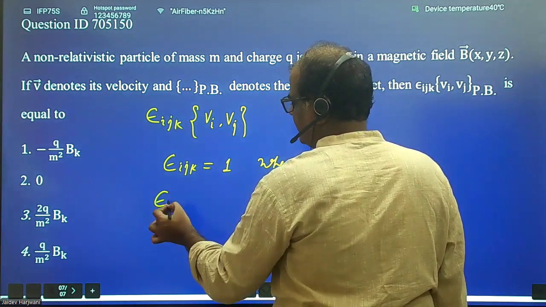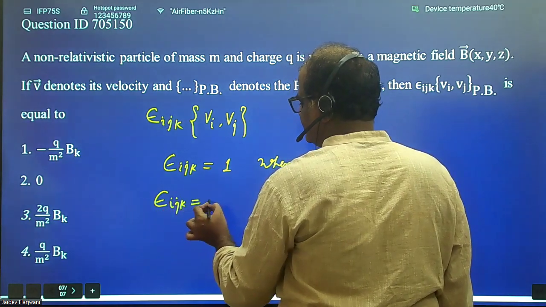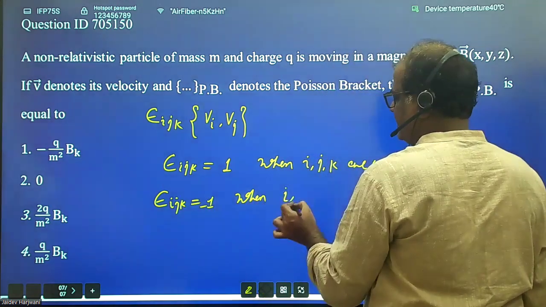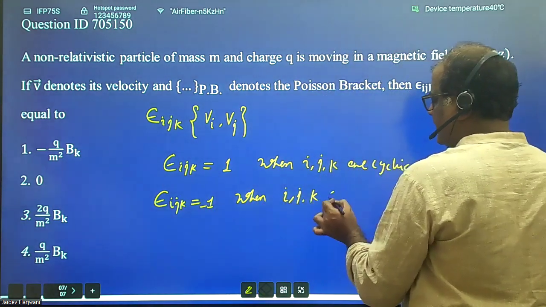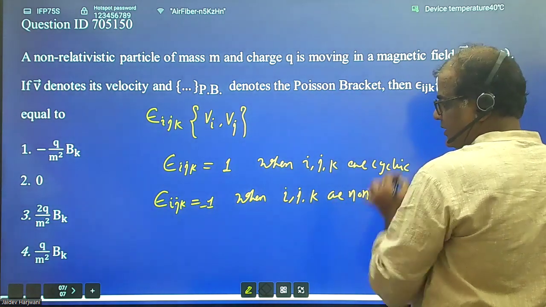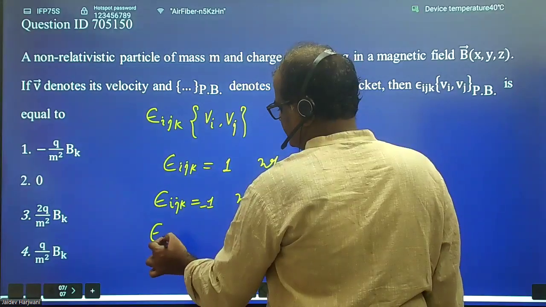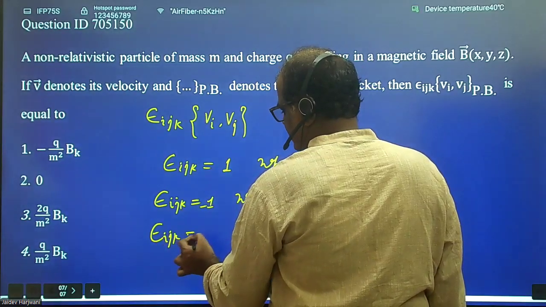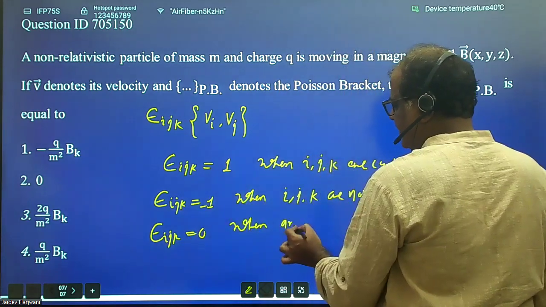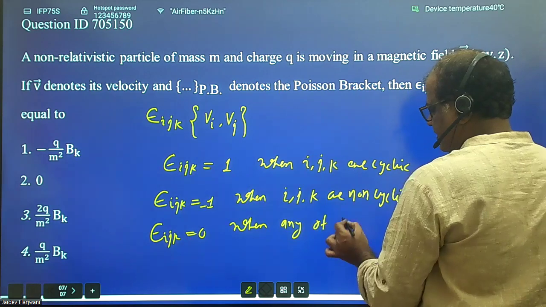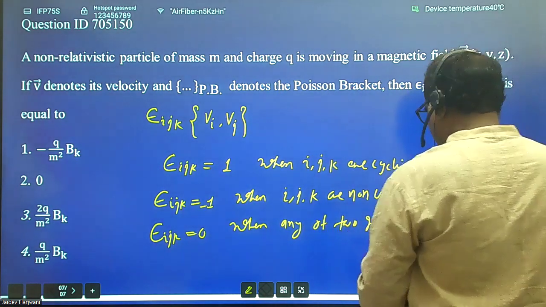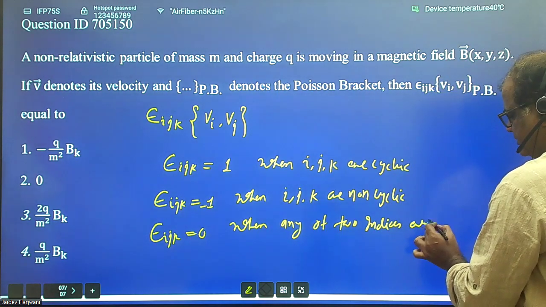And epsilon ijk is -1 when ijk are non-cyclic. And similarly, its value becomes 0 when any two indices are the same.